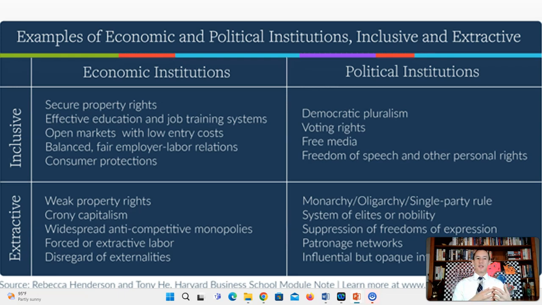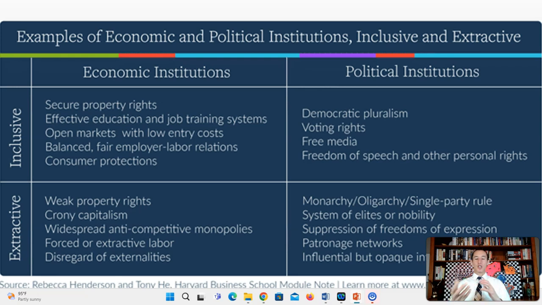And they cannot share power. So there's no balance of power. There's no balance between the individual elite, the oligarchy, the religion or whatever, and the courts or the legislature. So there's no balance of power in extractive institutions.